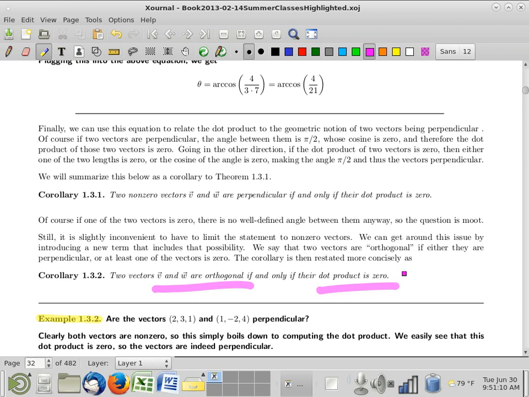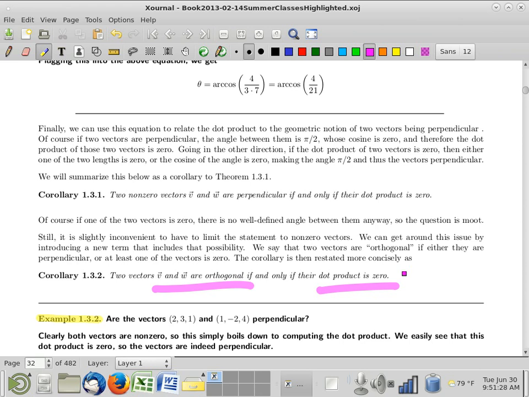In some sense, you could say that the definition of orthogonal is that the dot product is 0. So this encapsulates several possibilities. One possibility is that the vectors are non-zero and perpendicular. Another possibility is that one of the vectors is 0, or both of the vectors are 0.